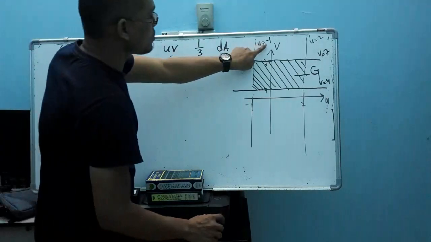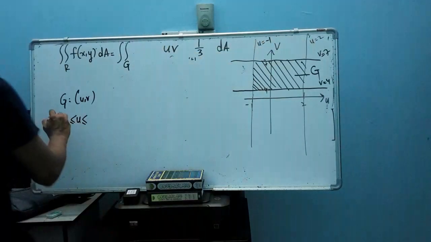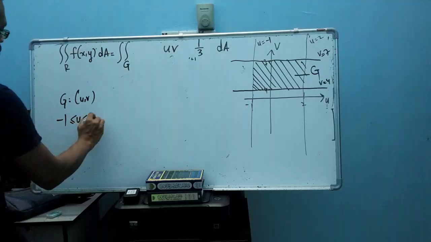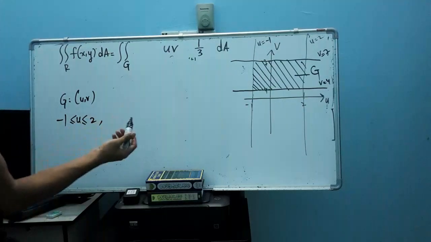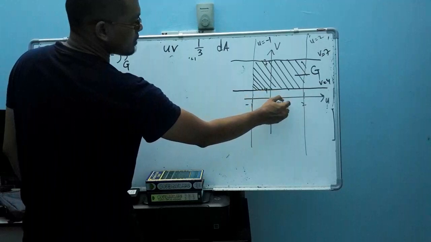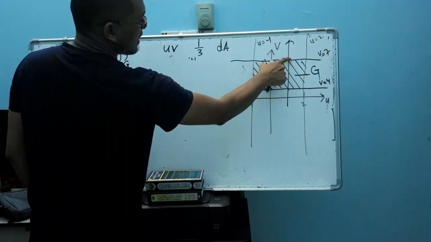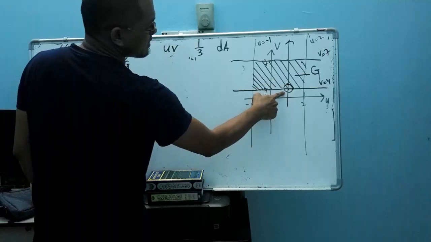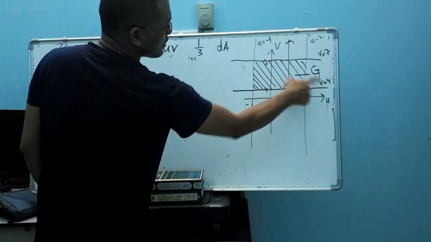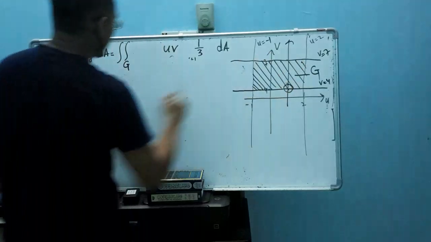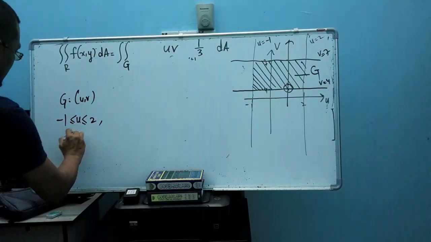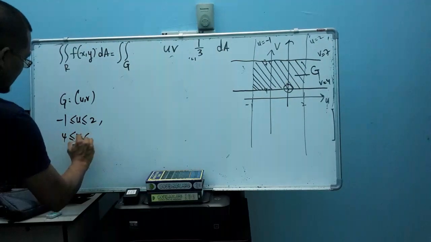Since my u is between minus 1 and 2, I have minus 1 and 2. And then my v, what is my v here? I need to take from the lowest value to the highest value. This line will give me v equals 4. This one will give me v equals 7. Meaning that my v is between 4 and 7.